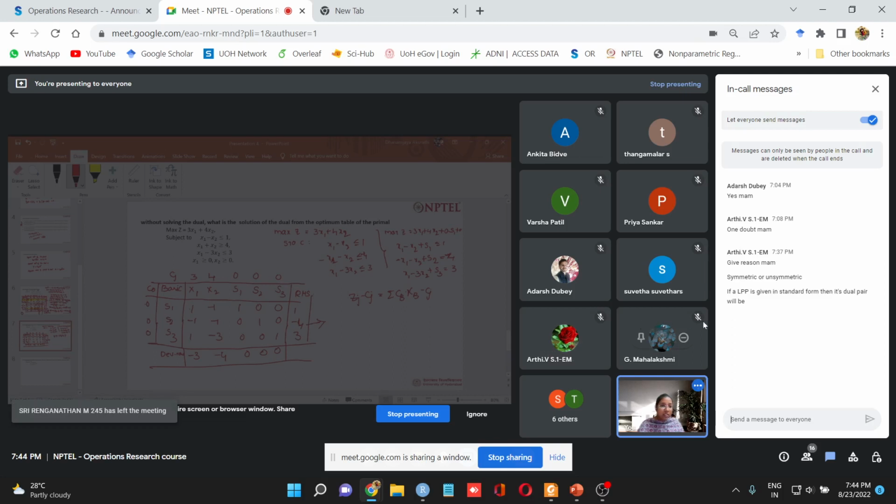And the number of constraints in the primal would be the number of variables in the dual. That we had discussed in the previous class. We add slack or surplus variables while converting into standard form only to solve the solution. But to convert the primal into dual, there is no need for this.